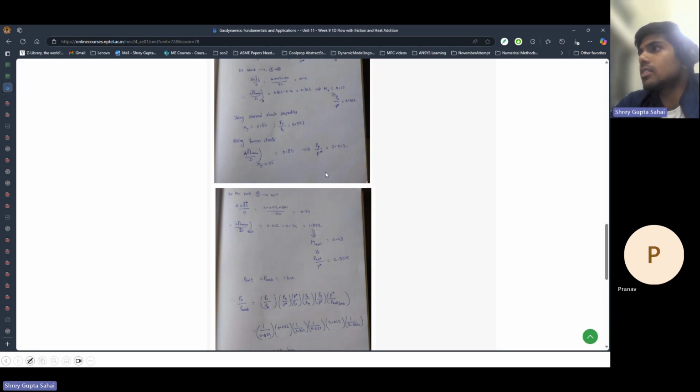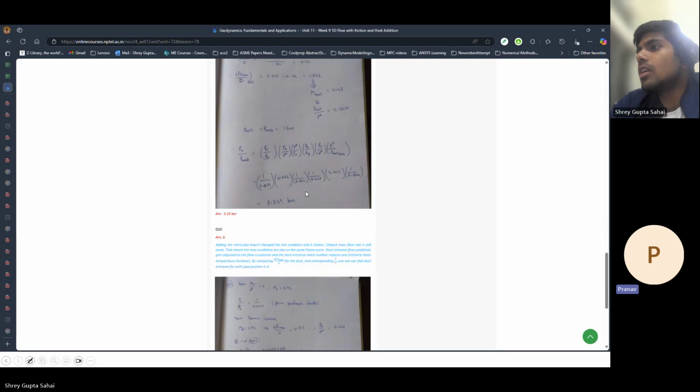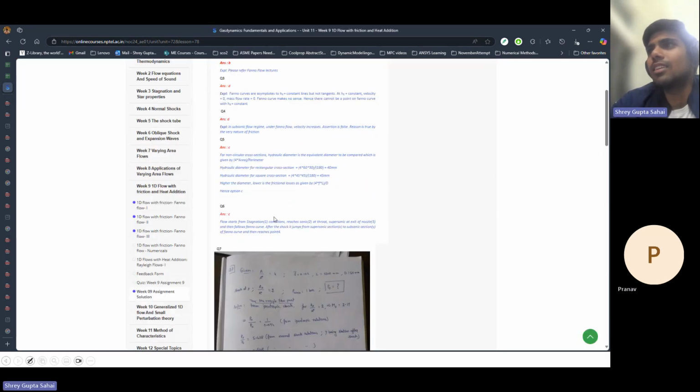Why is he subtracting this 0.24 from this value? And surprisingly, for all three questions, the answer is the lowest P naught value in the options. That's just a coincidence, I guess.